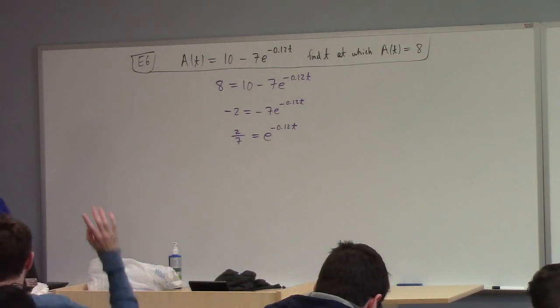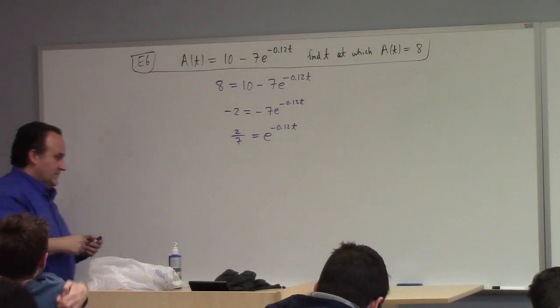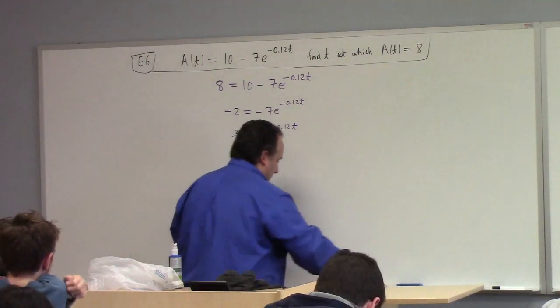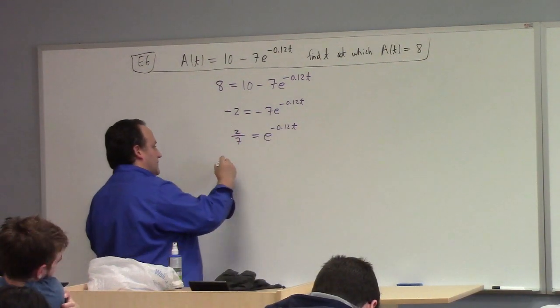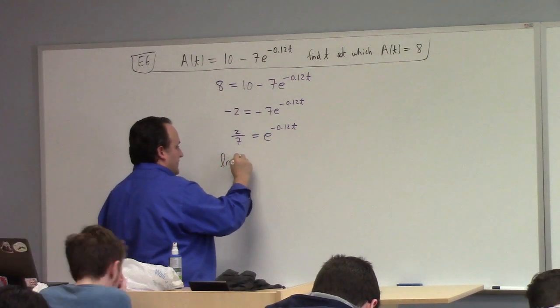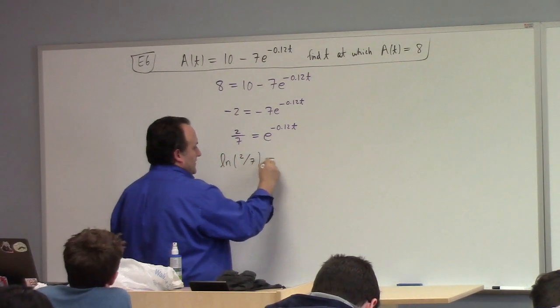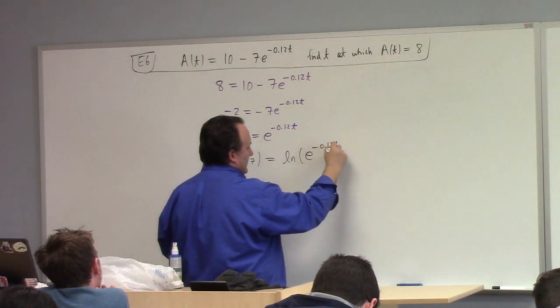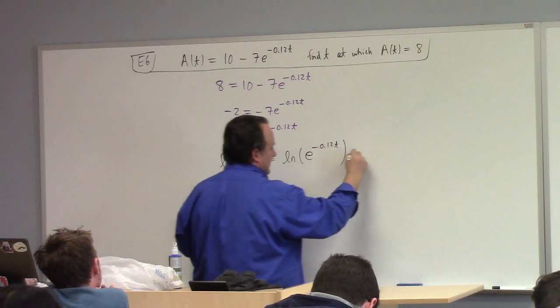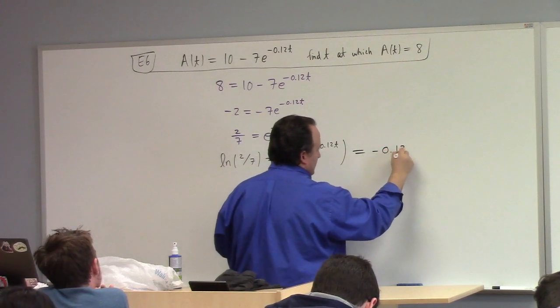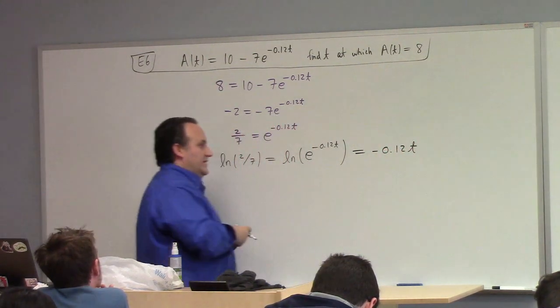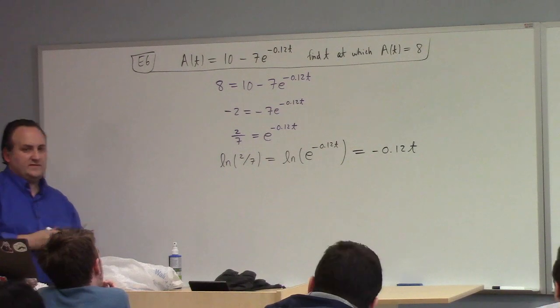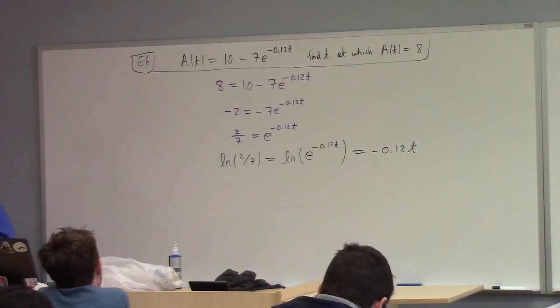So far, so good? Then what? Take the natural log. Sounds like a good idea. So we've got the natural log of 2/7 is equal to the natural log of e to the minus 0.12t, also known as minus 0.12t. Because natural log and exponential are inverse functions, that's the whole reason we took the natural log of the equation.